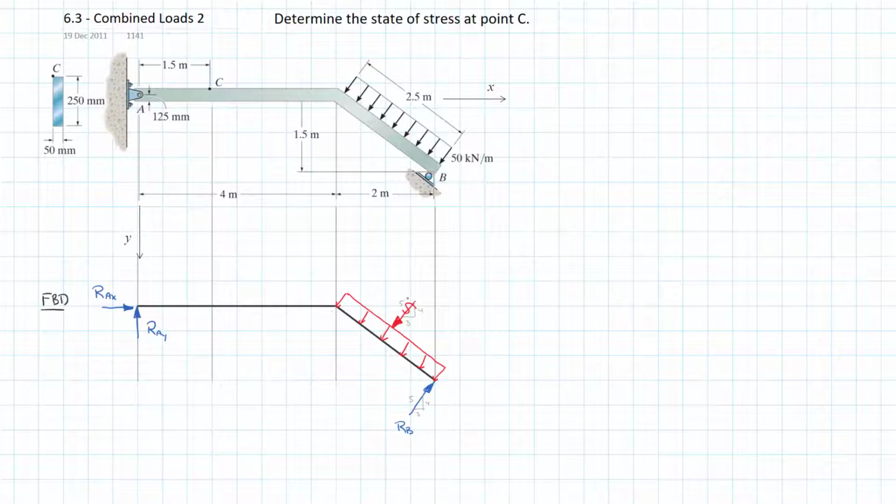Now, that's our free body diagram, but what we really need to get out of this is some of our geometry, if you will. By that, I'm talking about the right perpendicular distances so that we can solve for our reactions. So I'm just going to label something in here.